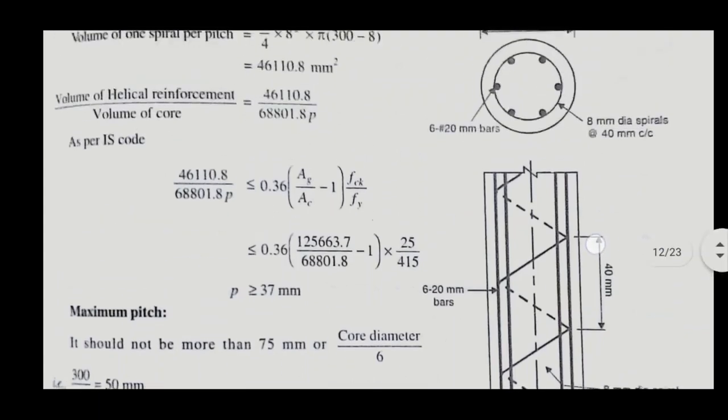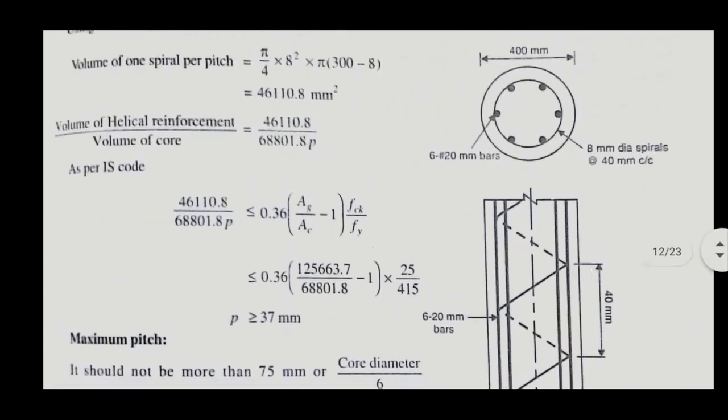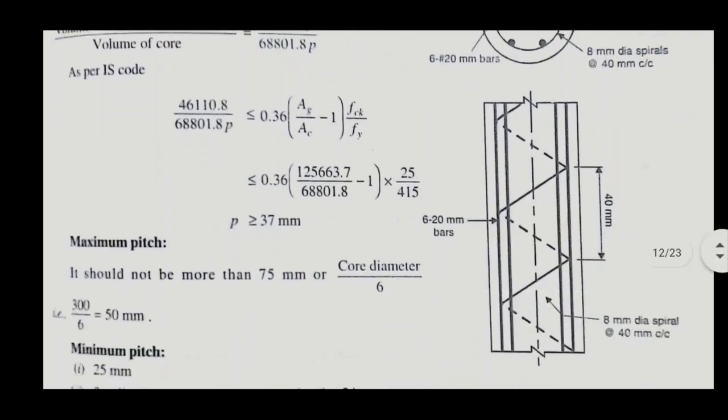Now look at the figure. At upper portion, the cross section of the circular column, outer diameter is 400 mm. 6 numbers of 20 mm main bars is provided. 8 mm dia spiral bars at 40 mm center to center is given, and this is the longitudinal section.